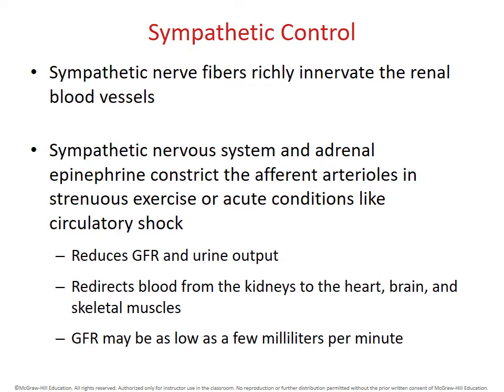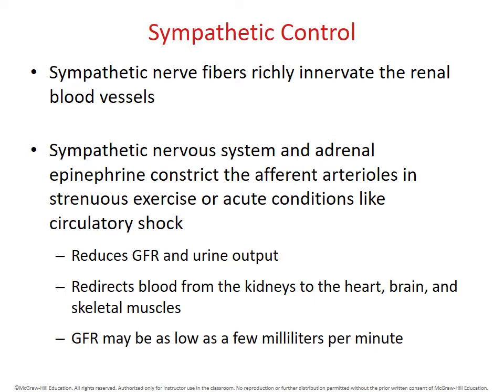And usually, when we have a sympathetic response, that also involves the adrenal glands releasing the hormone epinephrine into the bloodstream. And so we usually get both norepinephrine from the sympathetic nervous system and epinephrine from the adrenal gland arriving and stimulating the afferent arterioles at the same time, or first the nervous system, of course, because it's faster, and then the hormone follows up.